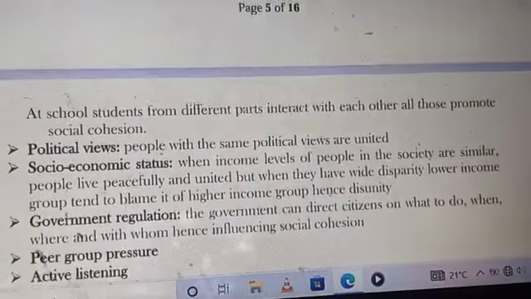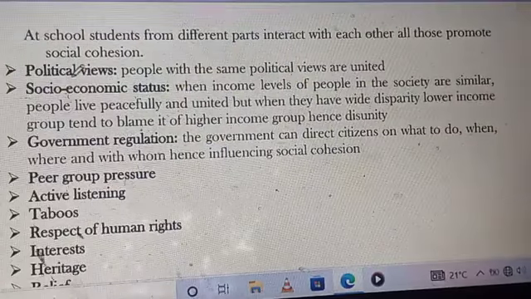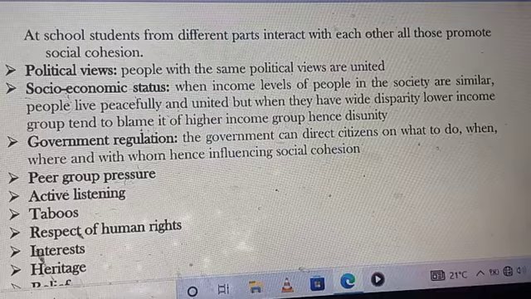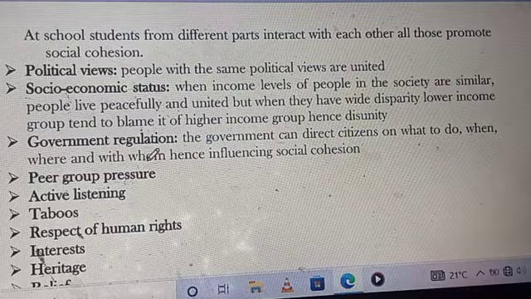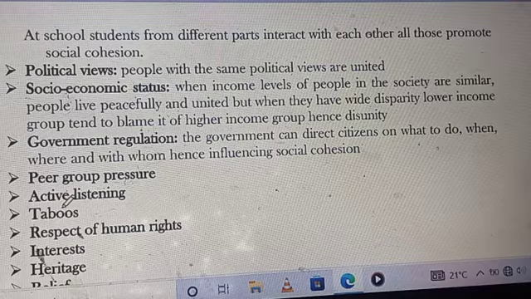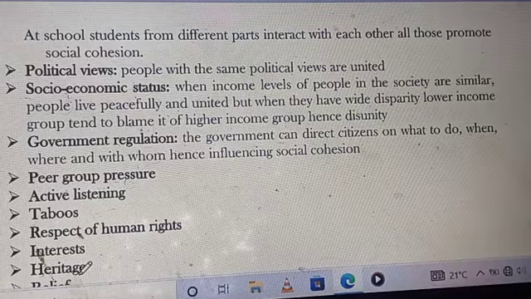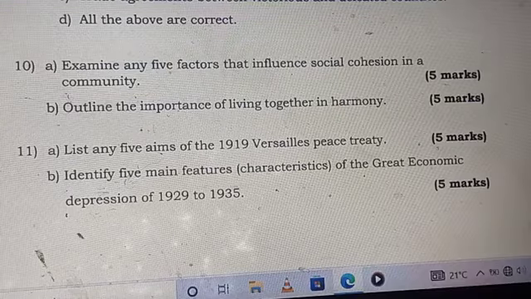Also political views: people with the same political views are united. Socioeconomic status, government regulation, peer group pressure, active listening, taboos, respect of human rights, interest, heritage, and so on.